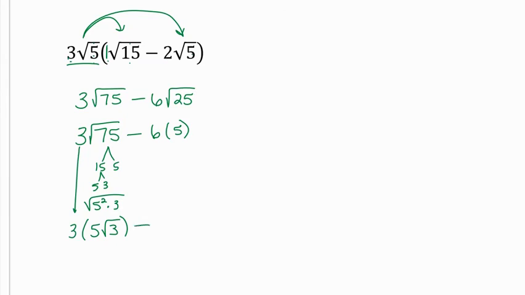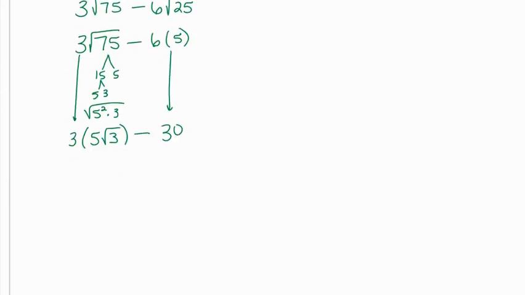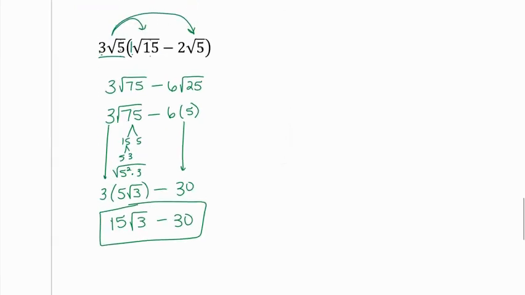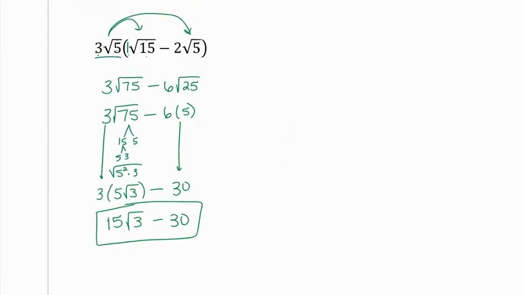And then minus 6 times 5 is 30, right? Okay, so then that gives us 15 radical 3 minus 30. And we can't do any other subtracting because we don't have common radicals, right? But we were able to distribute and simplify that, even though we couldn't actually subtract them.